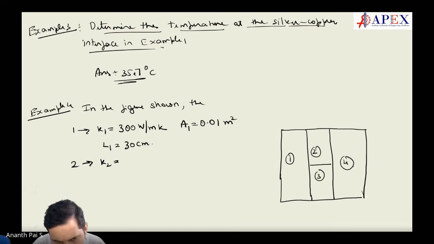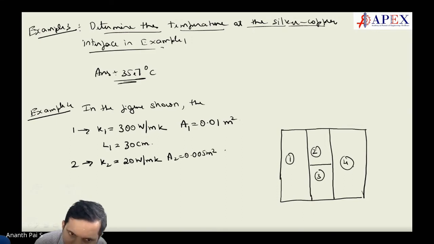K2 is equal to 20 watt per meter Kelvin. A2 is equal to 0.005 meter square, and L2 is equal to say 15 centimeter.